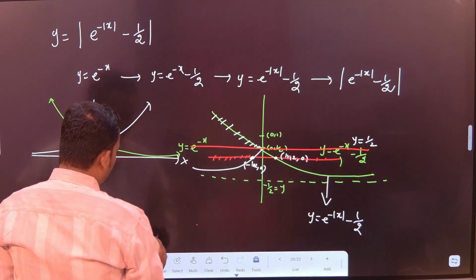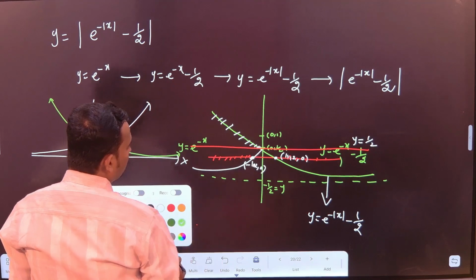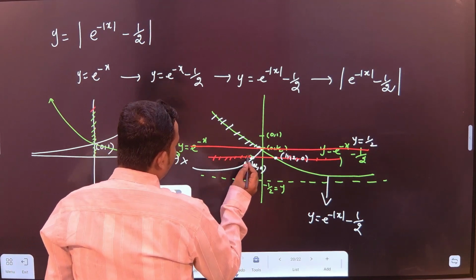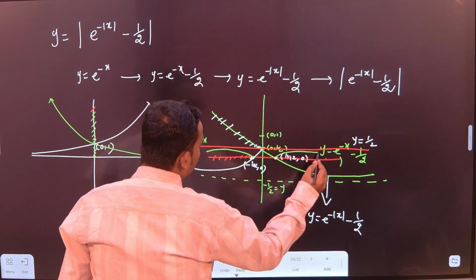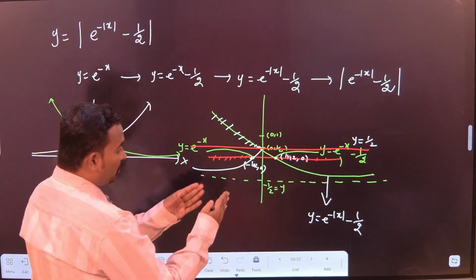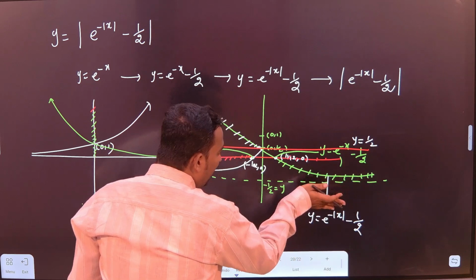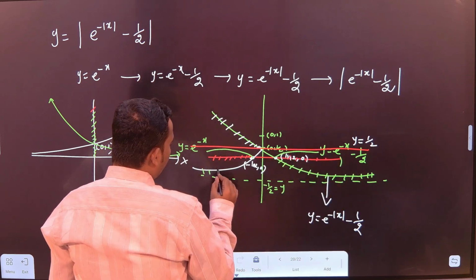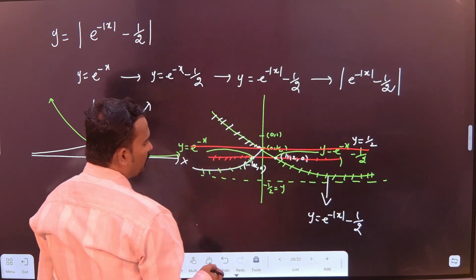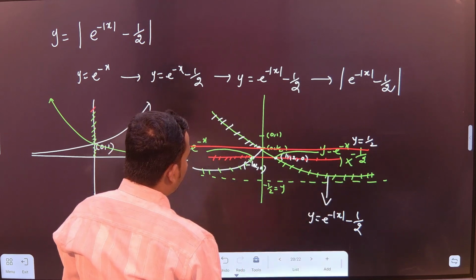So the graph will be going like this. Yes, it will be going like this. Clear? Understand or not? Because we have to remove this. We have to take this image with respect to the x-axis. This is your x-axis, right?